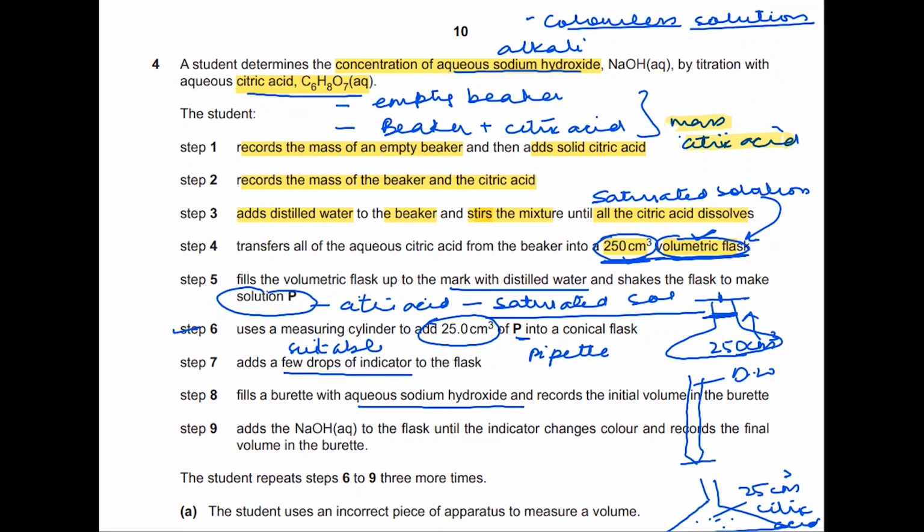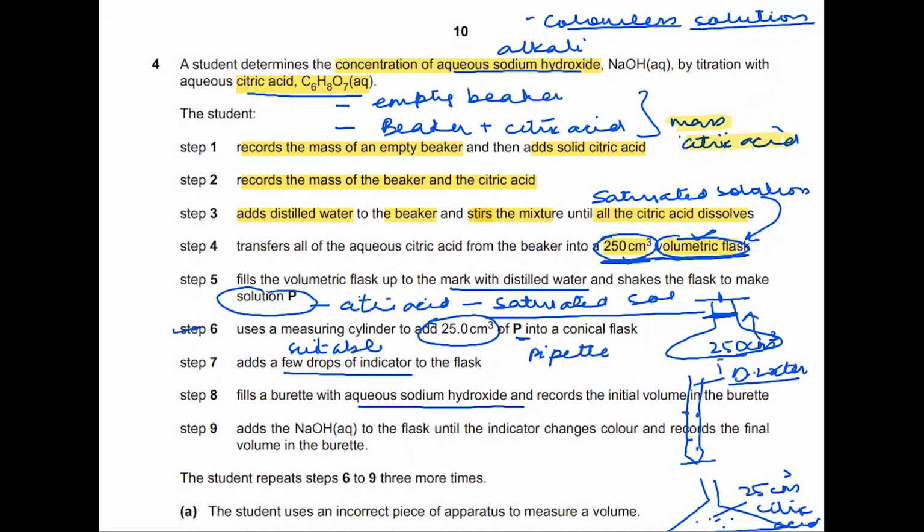So what do we do? How do we wash the burette? We first of all wash it with distilled water, and then, because distilled water is going to leave some drops or traces of water in the burette, if we fill in the chemical, that's going to dilute the chemical and we will again not get an accurate result.